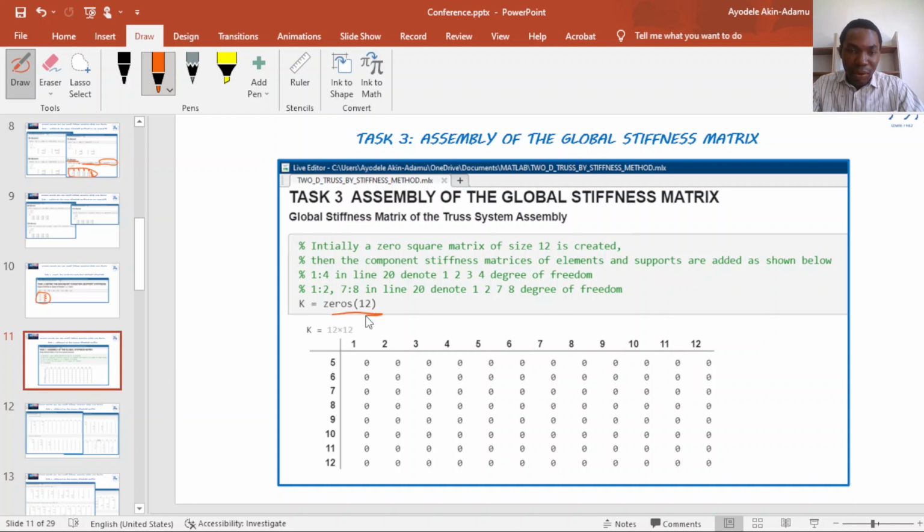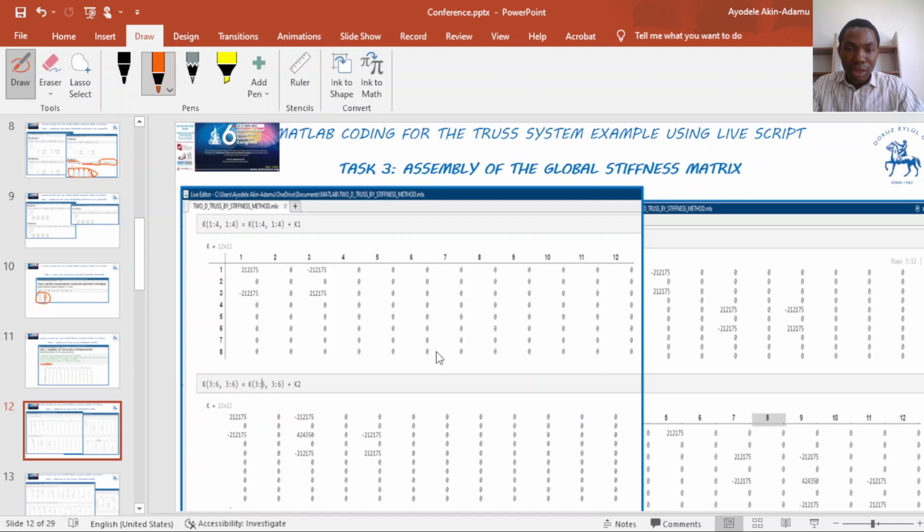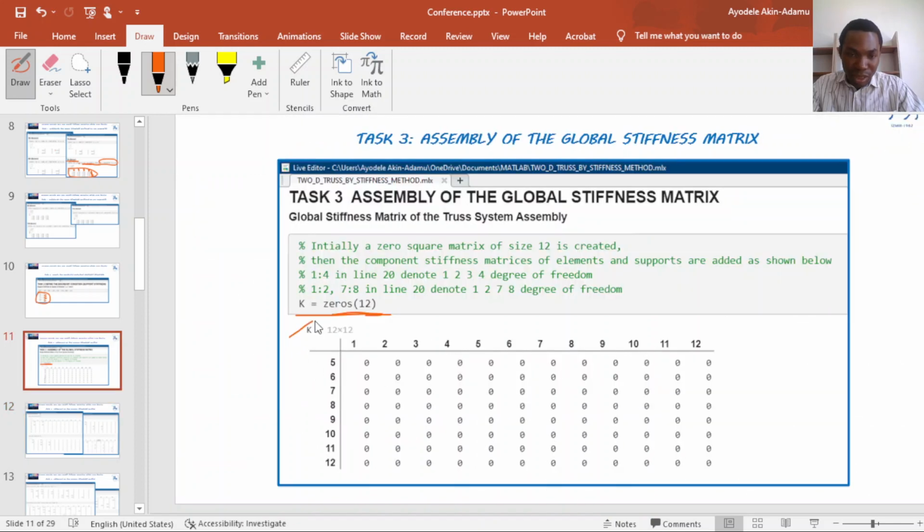So I define our zero matrix as a 12 by 12 matrix with this Matlab line of code. So K equals zeros bracket 12. So you can see the 12 by 12 matrix.